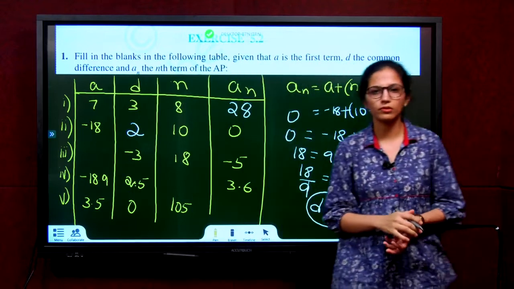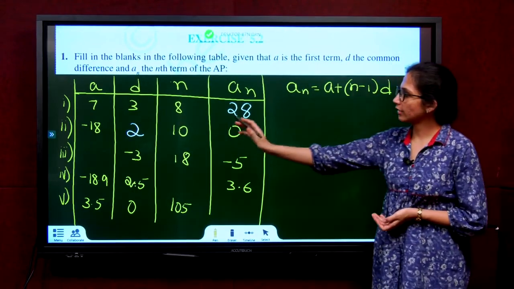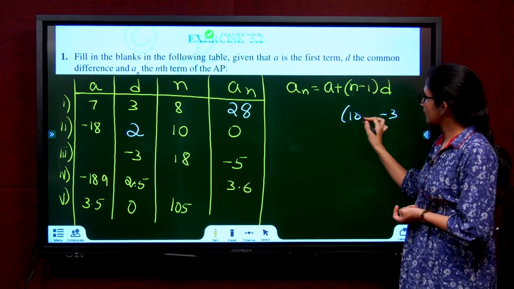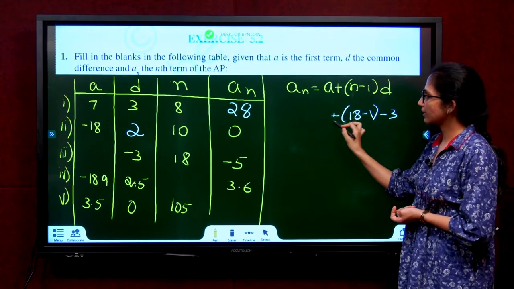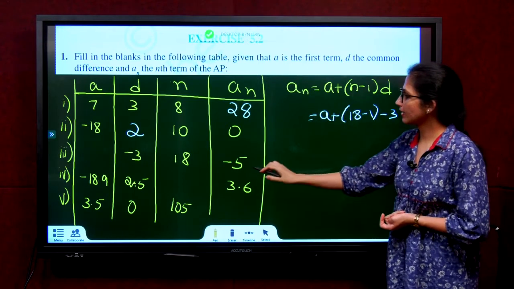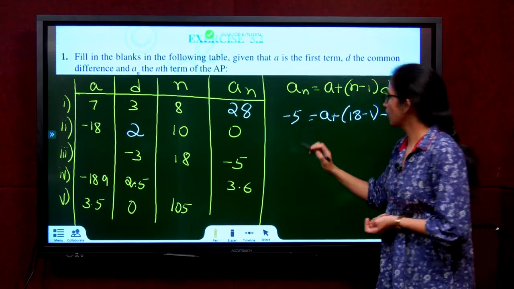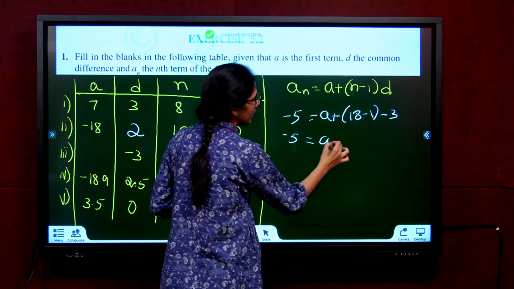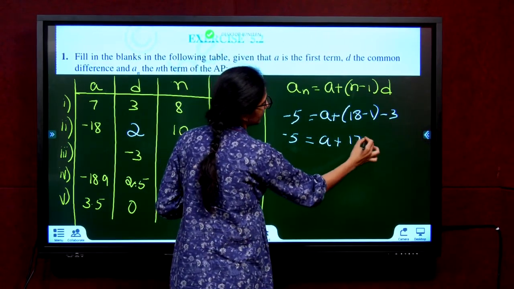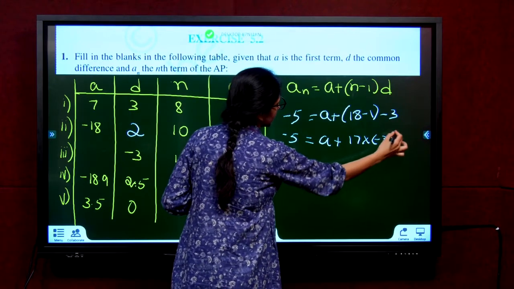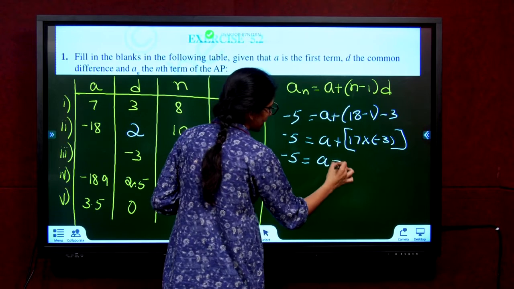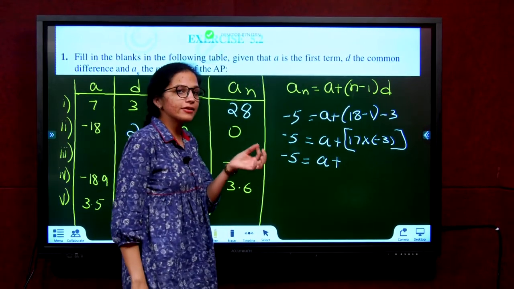2. Next one, A is not given, D is given, substitute minus 3. N is 18, minus 1, plus A is not given. AN is minus 5. Solve. Minus 5 is equal to A plus 18 minus 1, 17 into minus 3.